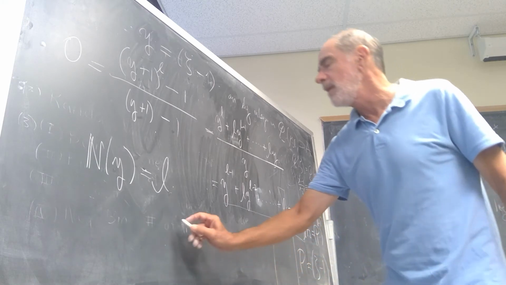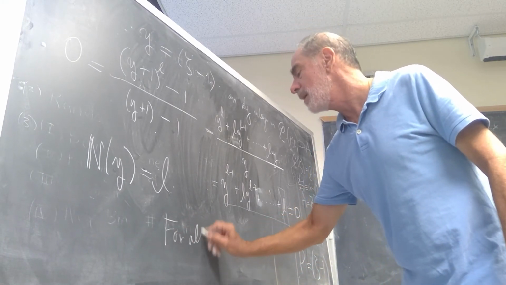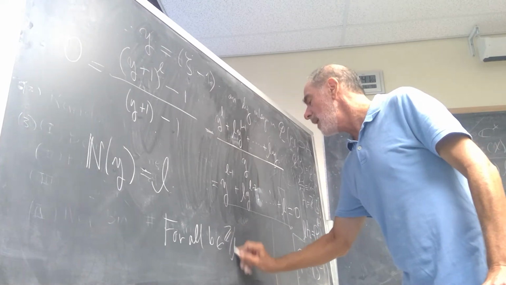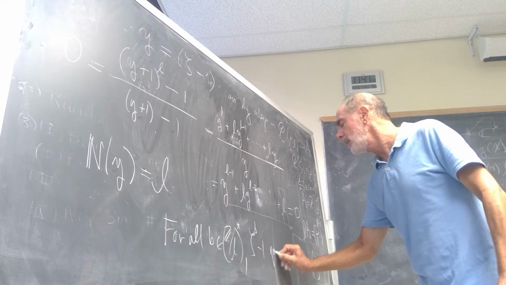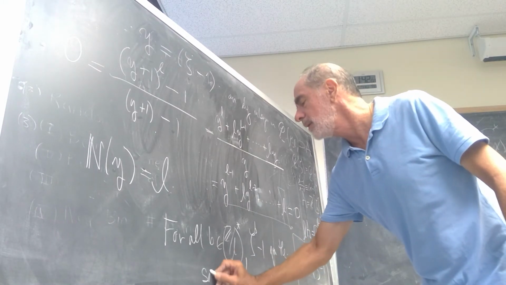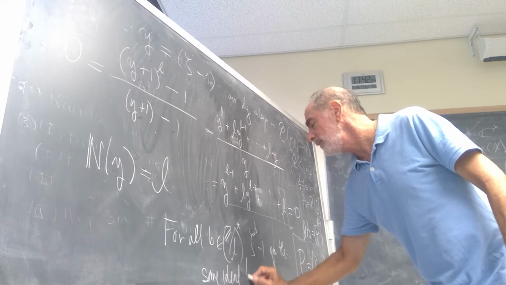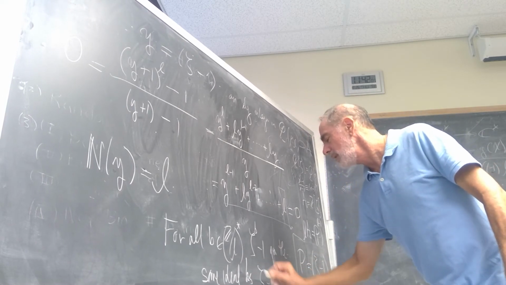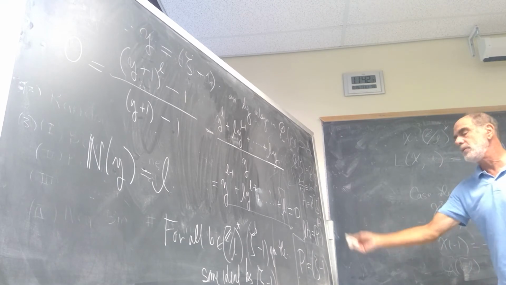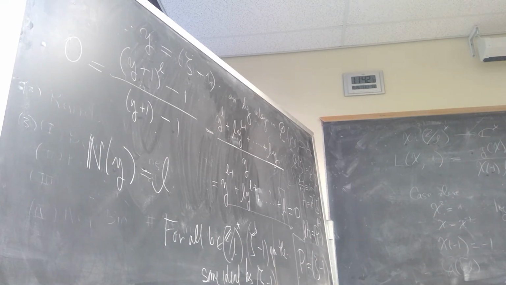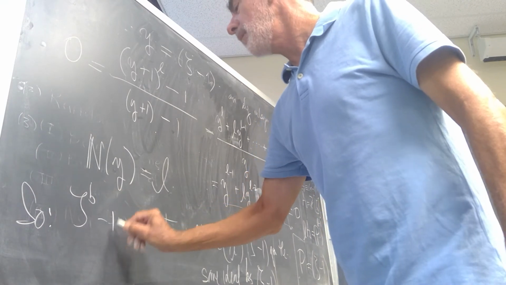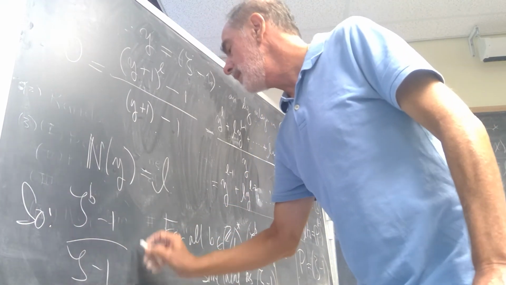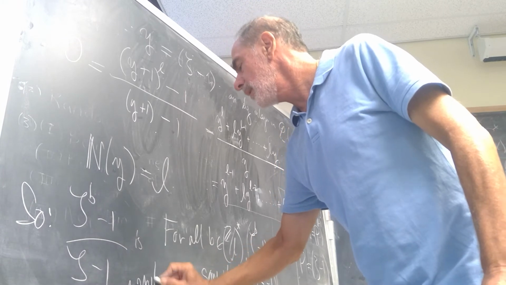So for all B in (Z mod L) star, zeta to the B minus 1 generates the same ideal as zeta minus 1, because they both have norm L, and there's a unique ideal of norm L. In particular, their quotient is a unit. That's the big thing: (zeta to the B minus 1) over (zeta minus 1) is a unit in A.